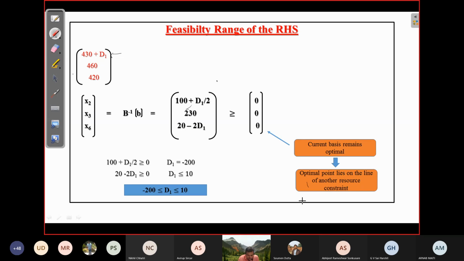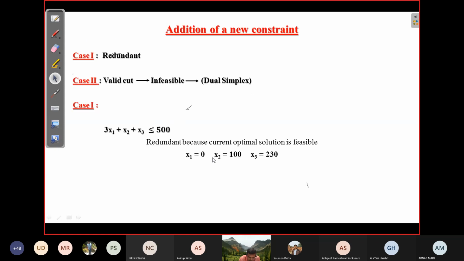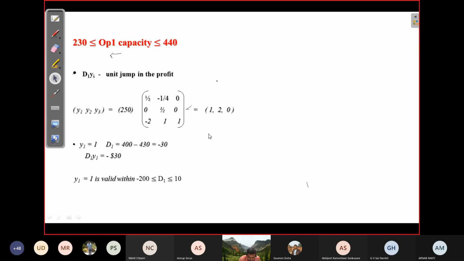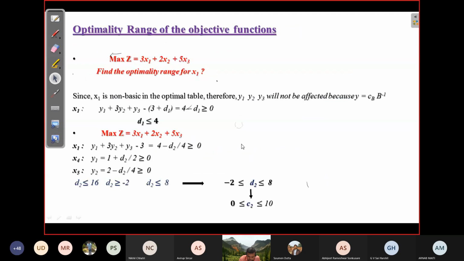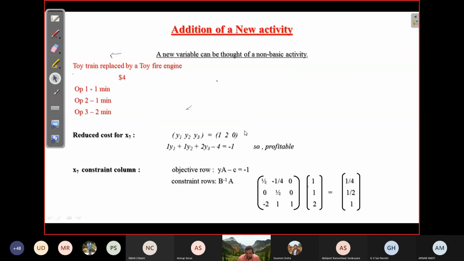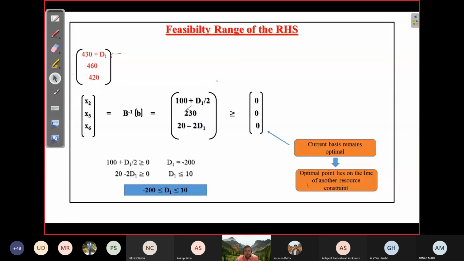Now you can also think of doing it for multiple resources, say D1 and D2. Suppose I want to also understand the feasibility range of both the first resource and the second resource.